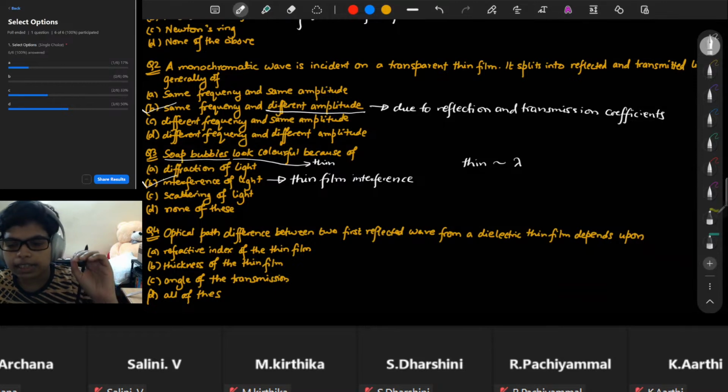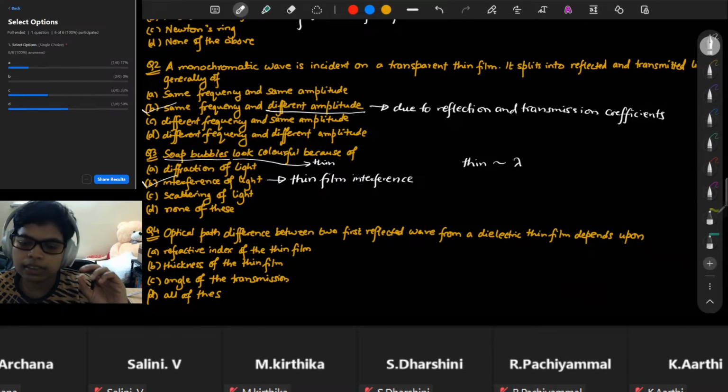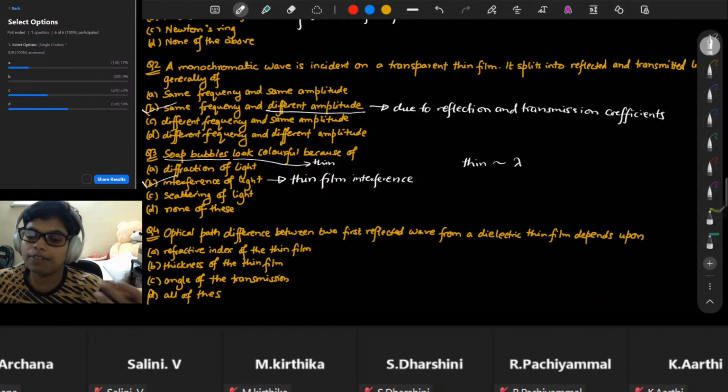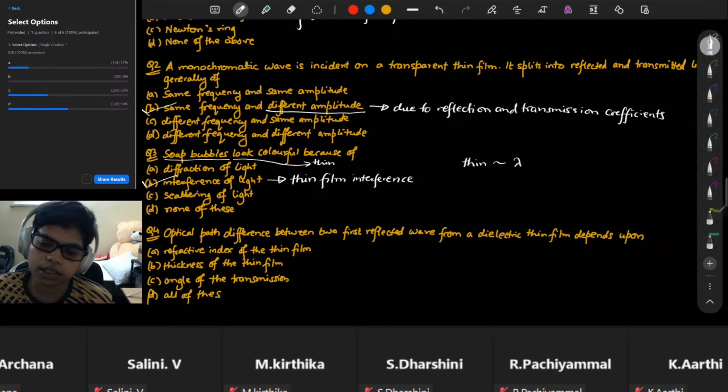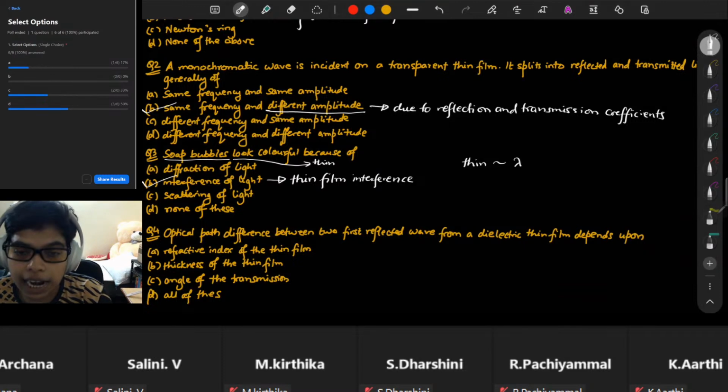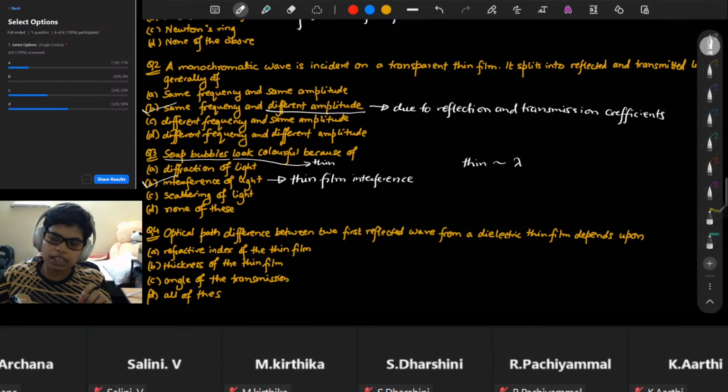So wherever the thickness is such that it provides you constructive interference for the violet wavelength, then you will see violet color. If the thickness is such that it corresponds to constructive interference for the red wavelength, then you will see red color. So based on the small variations in the thickness of the soap bubble, you will see a variety of colors, violet up until red.